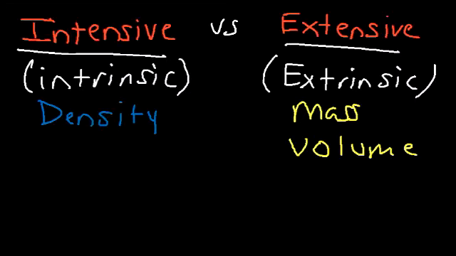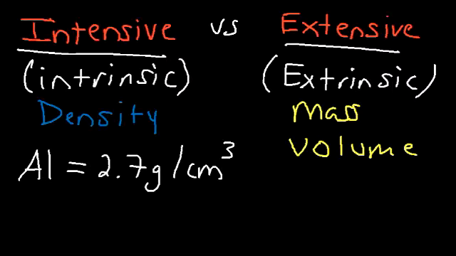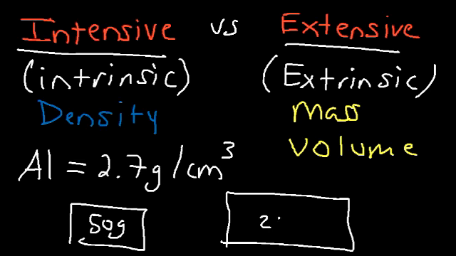For example, the density of aluminum is about 2.7 grams per cubic centimeter. So, regardless if I have a chunk of 50 grams of aluminum or, let's say, 200 grams of aluminum, the density is still going to be the same.